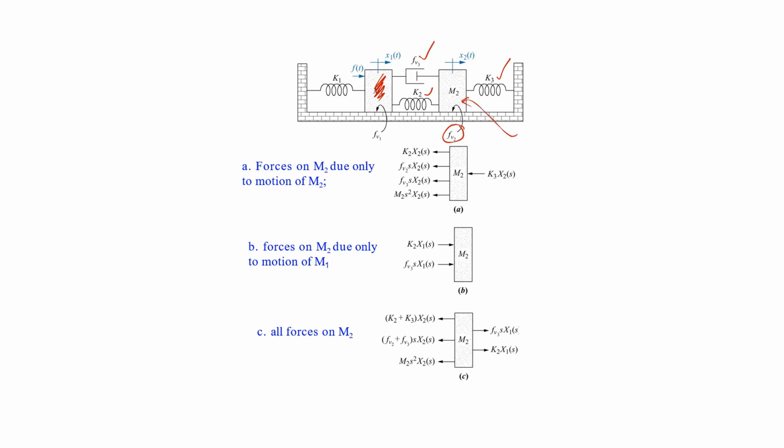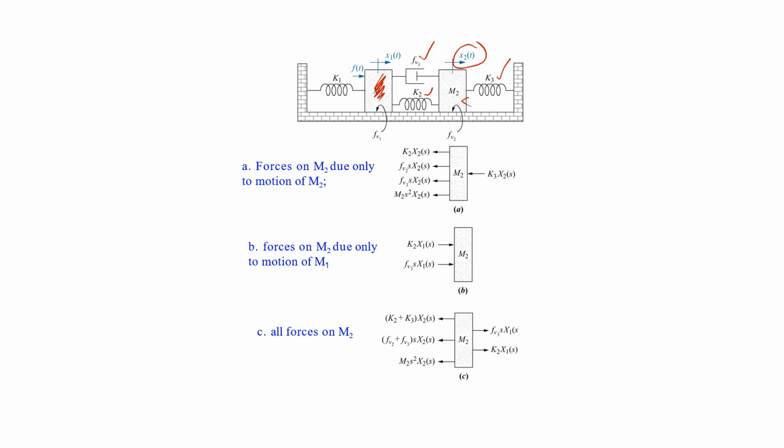So we have 1, 2, 3, 4, 5 forces, and all of these forces are acting against this displacement x2. So that's why we can see that in this free body diagram, all of the forces have the arrow in the opposite direction of x2.